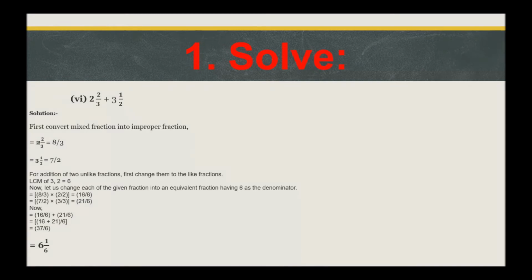The next question is 2 and 2 upon 3 plus 3 and 1 upon 2. First we will convert the mixed fractions into improper fractions. So 2 and 2 upon 3 is 8 upon 3. 3 and 1 upon 2 is 7 upon 2.